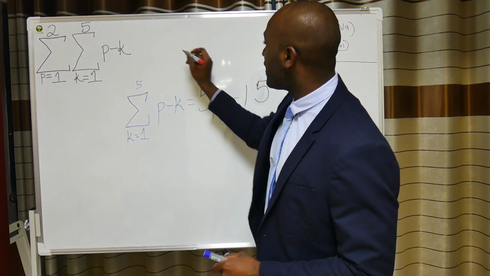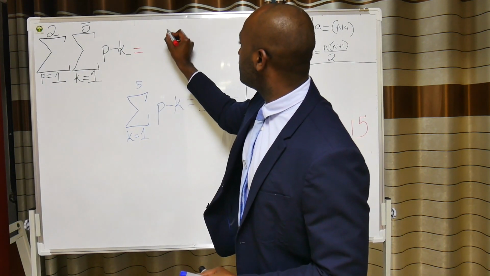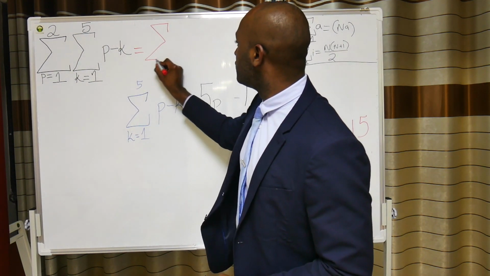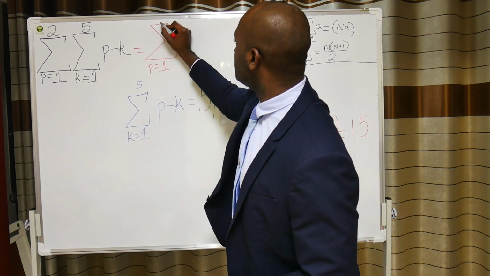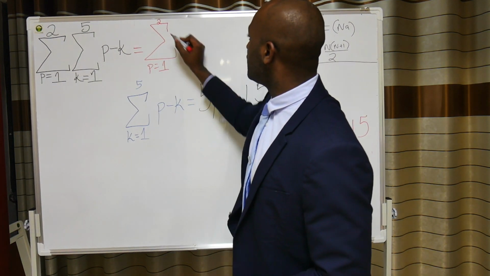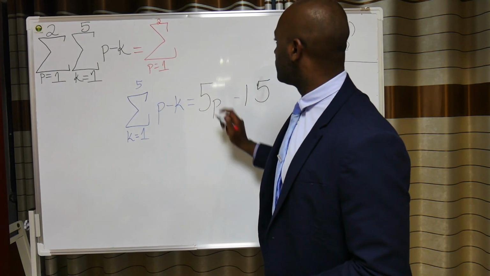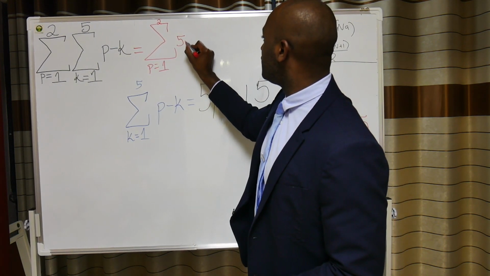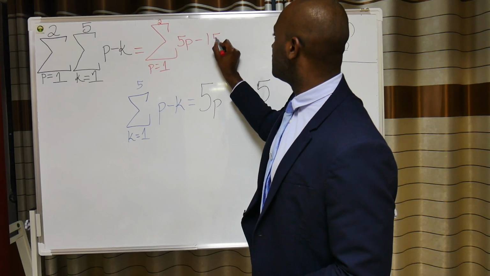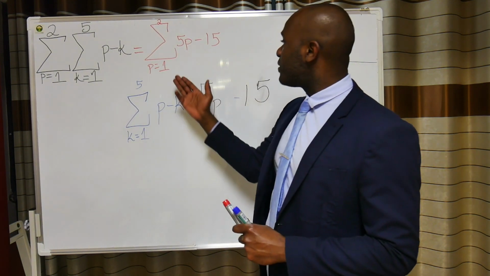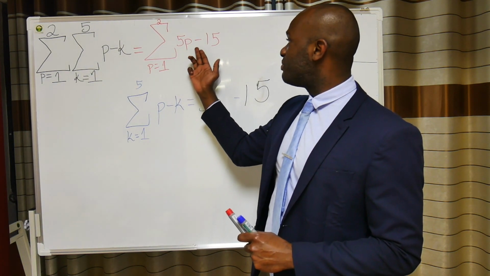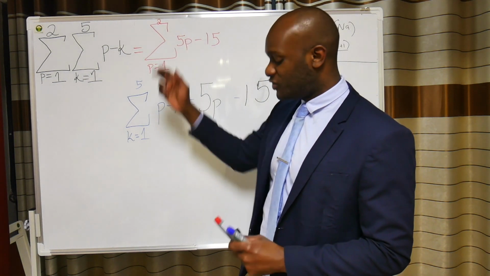So this is going to be equal to the summation from p equals 1 up until 2, and every time we want to do 5p minus 15. All right, we are getting closer to solving our problem. Now we're simply left with the summation of 5p minus 15 from p equals 1 to 2.